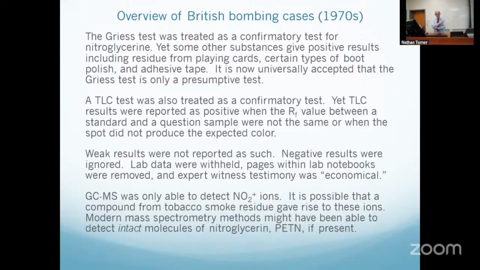So the confirmatory test, such as it was, wasn't as useful as we would like it to be. And perhaps more modern testing, which is much better at not decomposing substances like nitroglycerin or PETN, might have been better than what we had available to us in the 1970s.